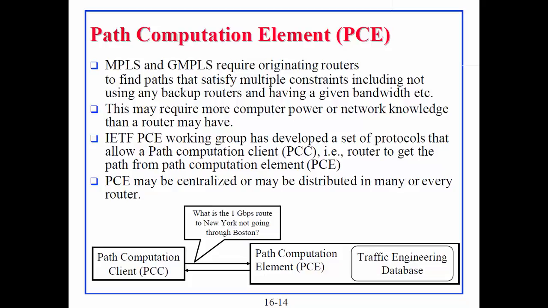When you're doing MPLS or GMPLS, you have to have an originating router to find the path that will satisfy multiple constraints that have been set up for that path, including not using any backup routers and having to use a given bandwidth.